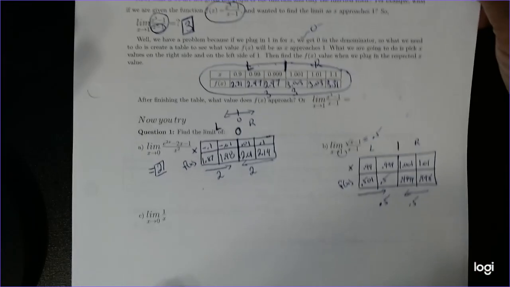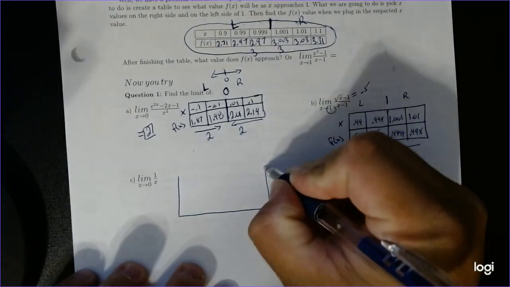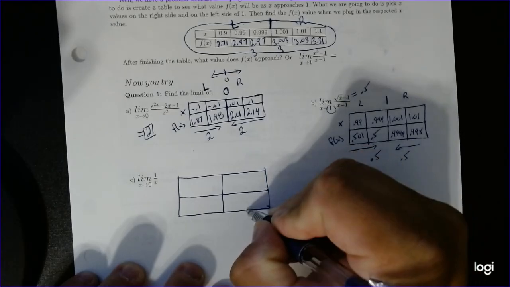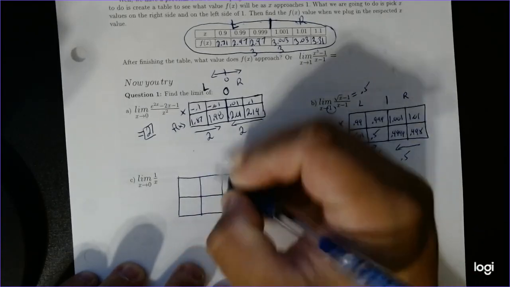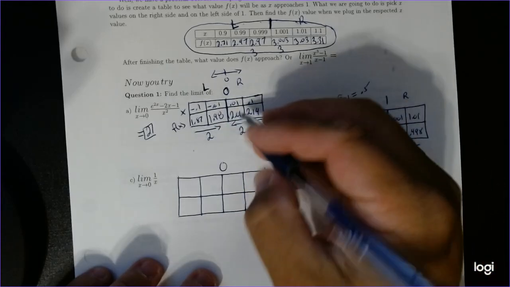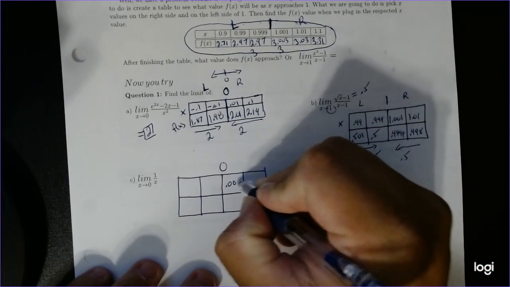Okay. All right, let's try this one now. Okay, 0's in the center. And we'll use this template here, right? So numbers really close to 0 on the right-hand side. I'll get even closer.